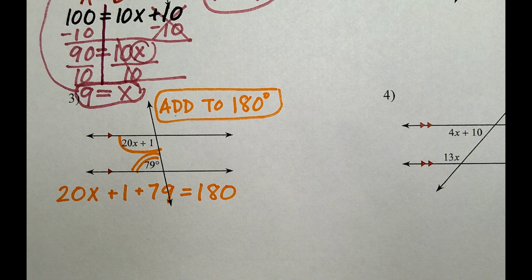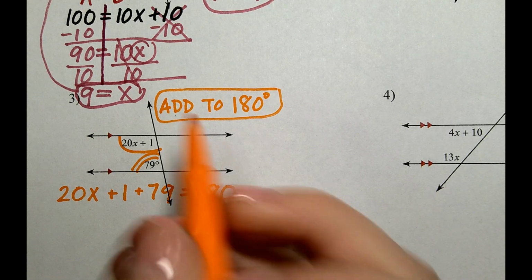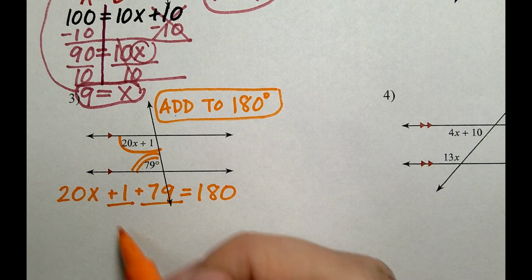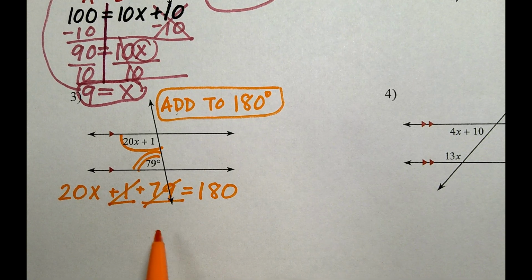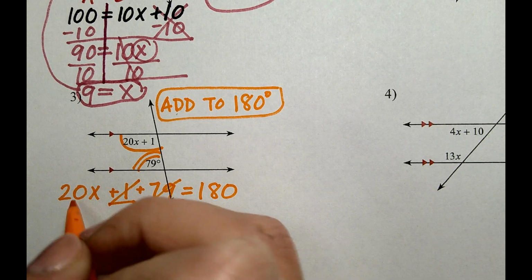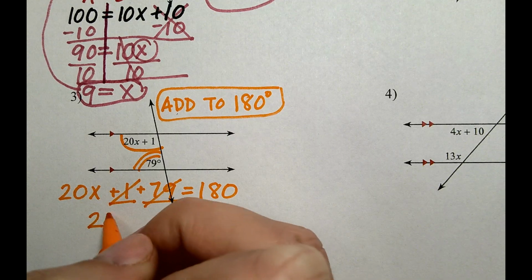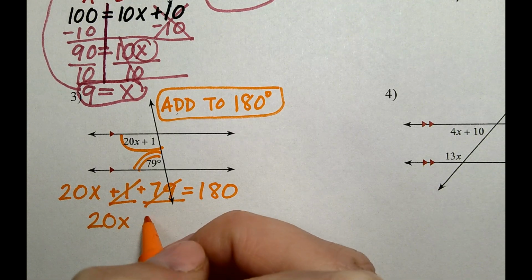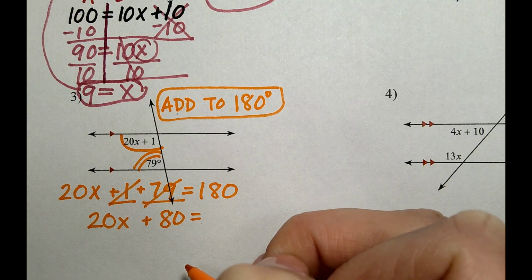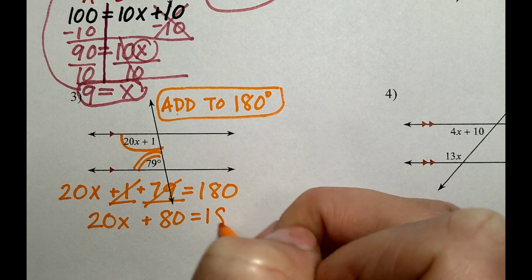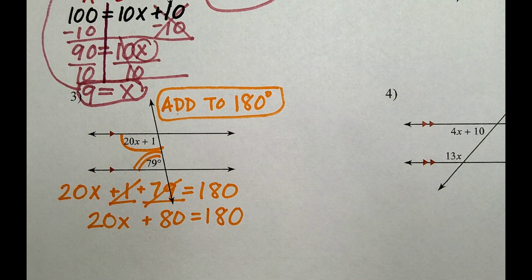What's a good next step? 79 plus 1. Yeah, let's add 79 plus 1. We have like terms, so let's combine those. And what does that give us? 80. So I'll bring everything down. 20x plus 80 equals 180.